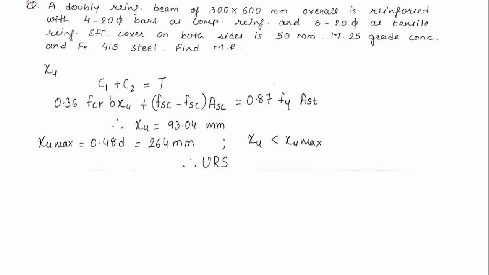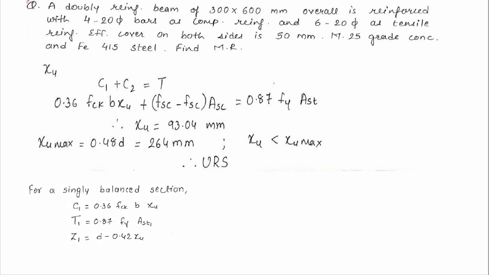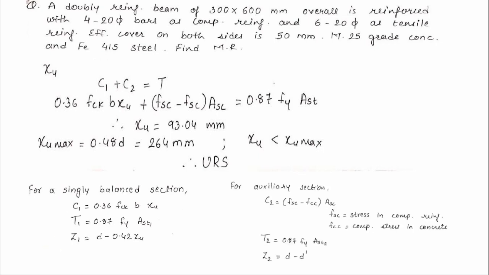So the values of C1 and C2, as we discussed in the previous lecture: for the singly RC section, C1, T1 and Z1 will be as mentioned, and for the auxiliary section, C2, T2 and Z2 will be these values. Clear? So equating in our equation, C1 we will substitute as 0.36 FCK B XU, C2 will be (FSC minus FCC) into ASC, which will be equal to 0.87 Fy AST.